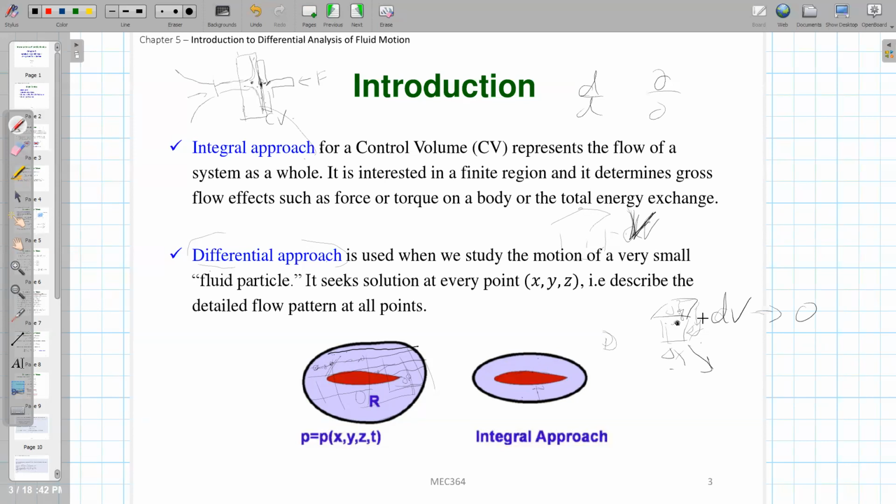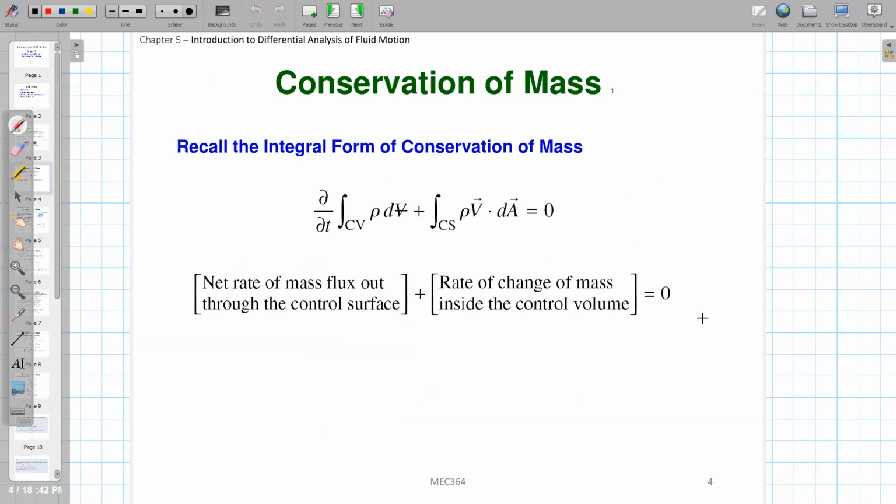Okay, and to do this, let's first use mass conservation as an example. Let's recall the integral form of the mass conservation, which we had in the last chapter. It has two terms. The first term is the net rate of change of the mass inside the control volume.